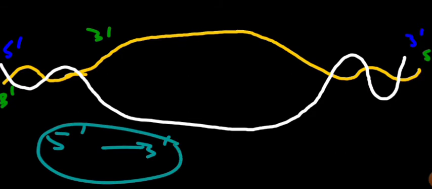Okay. So how does DNA replication occur? The first thing for DNA replication to occur, we've got what we call the primer. So what is a primer?